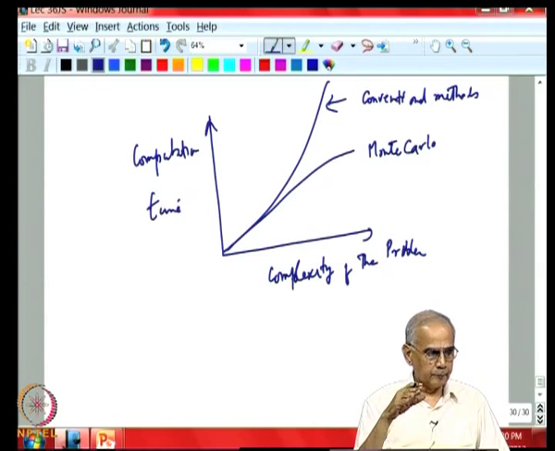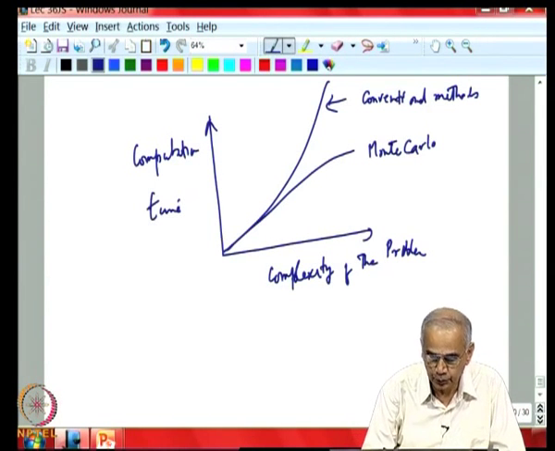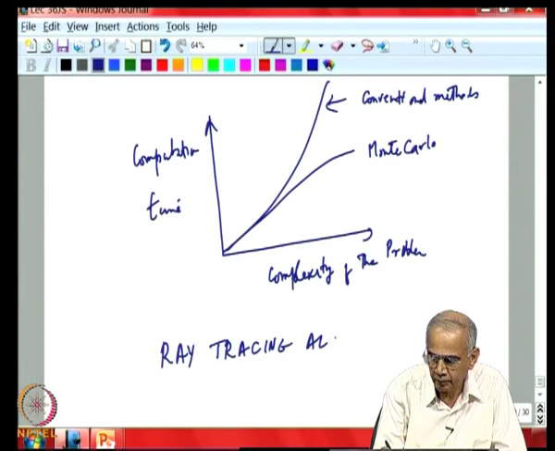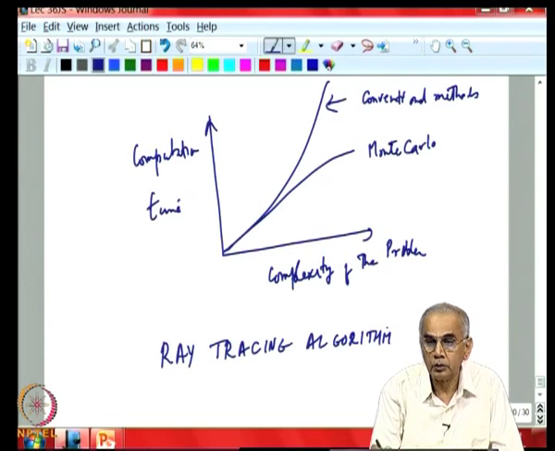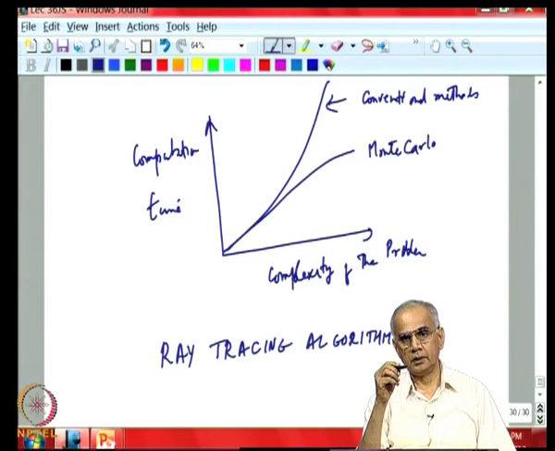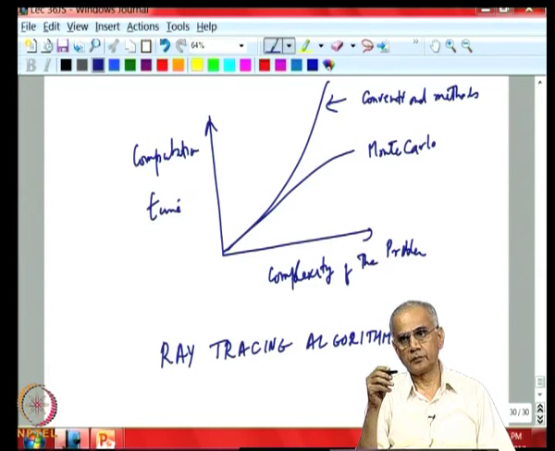So, you can see that to successfully use Monte Carlo, we need a ray tracing algorithm. So, we should be able to, in a three-dimensional geometry, see what happens if the photon leaves one surface, how it will change direction, where it will be intercepted.